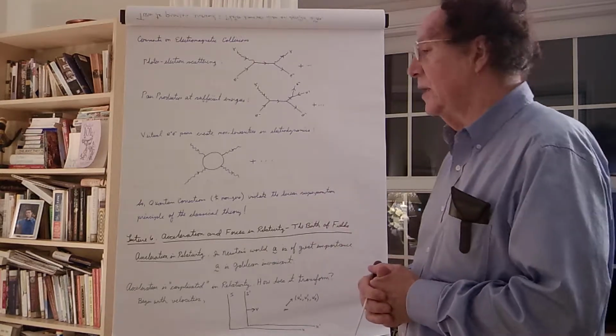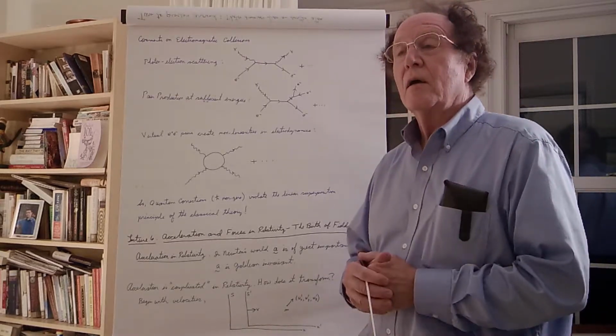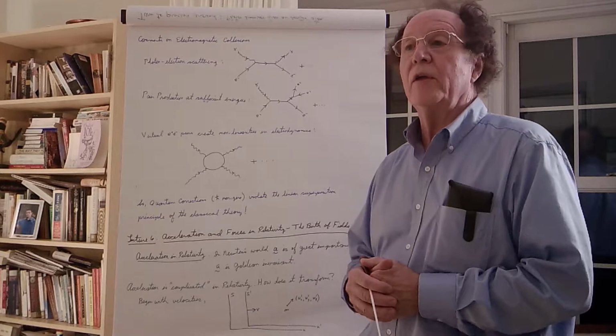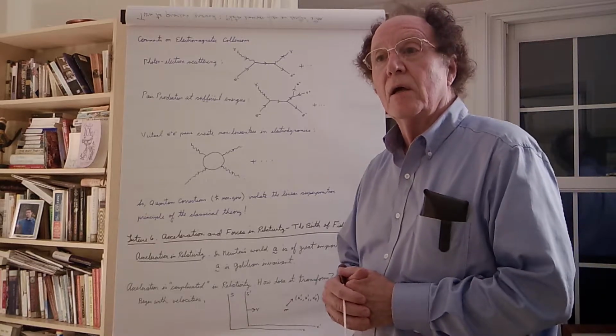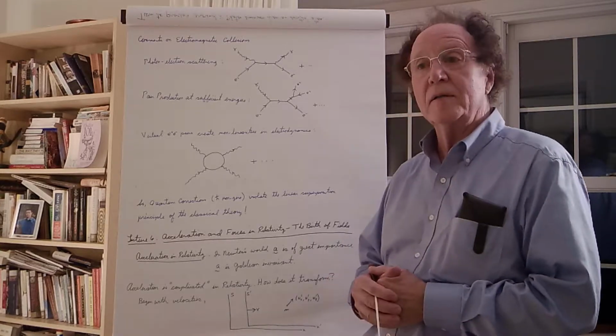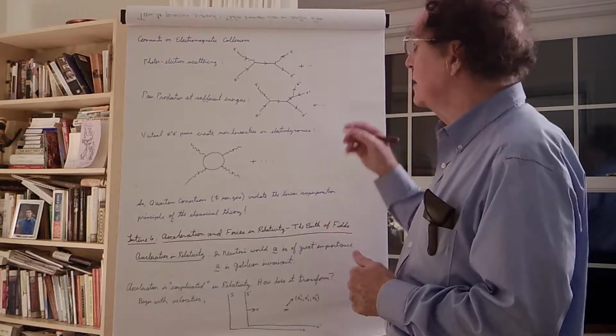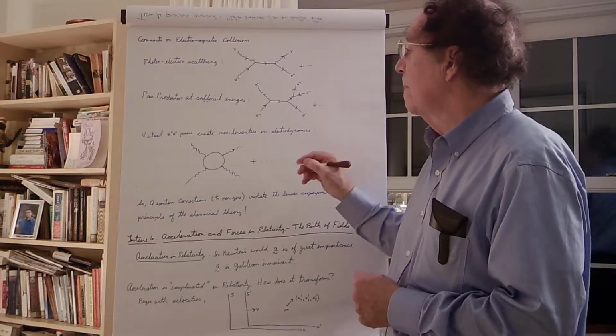And you have some interesting new phenomena that come up because in relativistic quantum theories, where you've unified relativity with quantum mechanics, there are new phenomena. One of the new phenomena is the existence of antiparticles. And once you have the existence of antiparticles, you have the possibility of pictures like this.